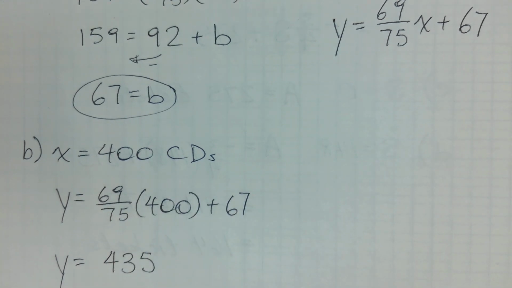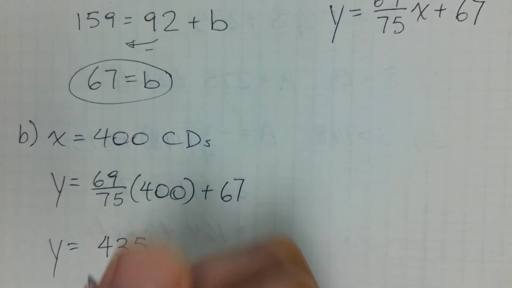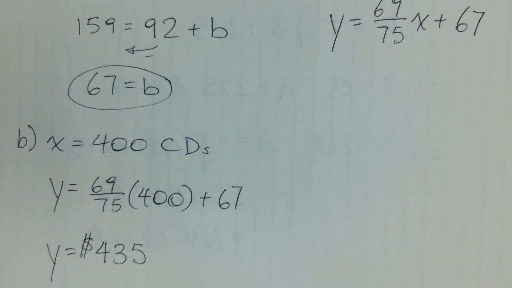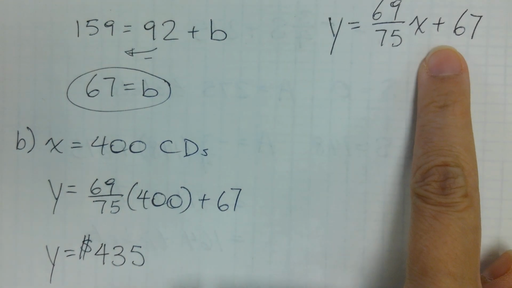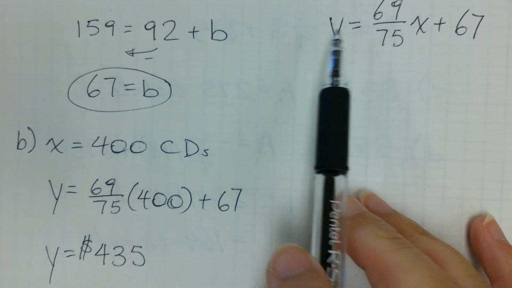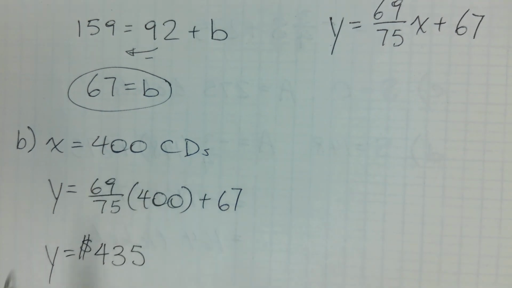What's my unit? CDs? Dollars. Good job. Once you have the equation, this is the equation to set up to find out your cost. When you buy 400 CDs, you sub it in, and you will get the total cost for the 400.